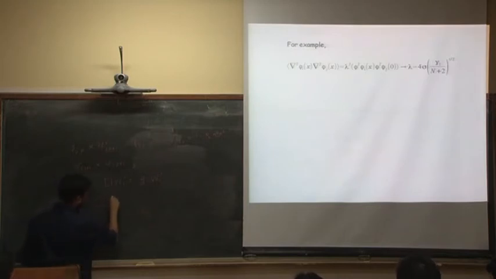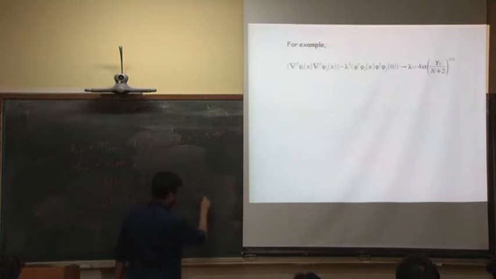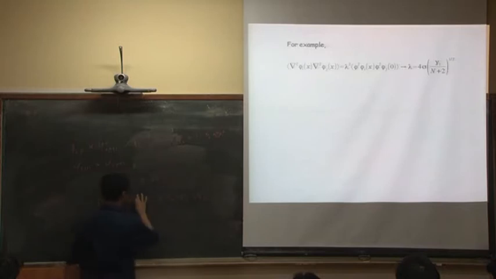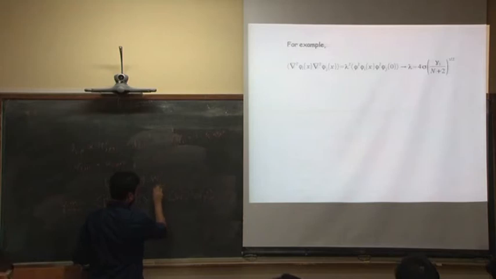Then box of omega 1 I times box of omega 1 I equals g squared omega 3 I. Let's call it g. Then you take both sides.